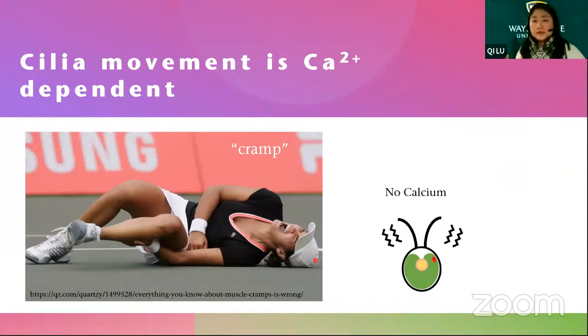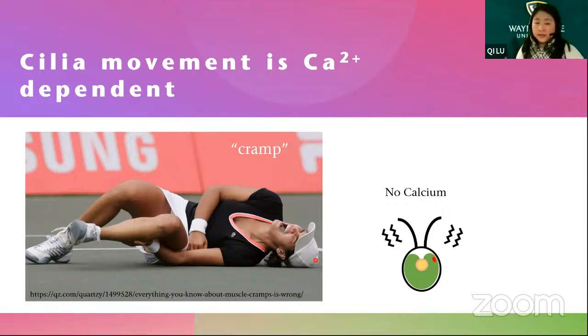And the cilium movement is also calcium dependent. In a calcium-free condition, there's no calcium outside, and of course there's none inside, because the inside calcium comes from the outside. So if you take out the outside calcium, generally the inside calcium is also lost. With zero calcium, the cilia become dysfunctional.